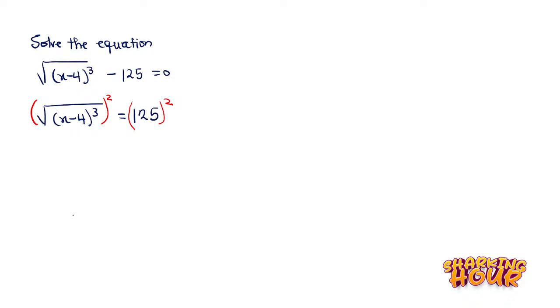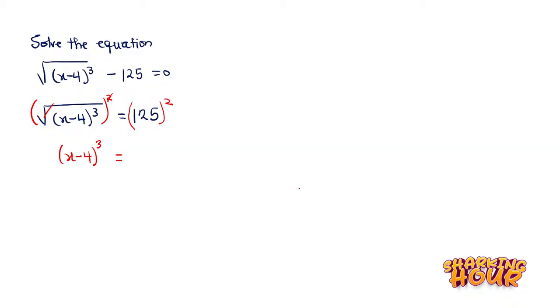The square takes care of the root sign, so all I'll be left with on the left hand side is (x minus 4) raised to the power of 3, and this is equal to 125 squared, which I need to compute in my calculator.